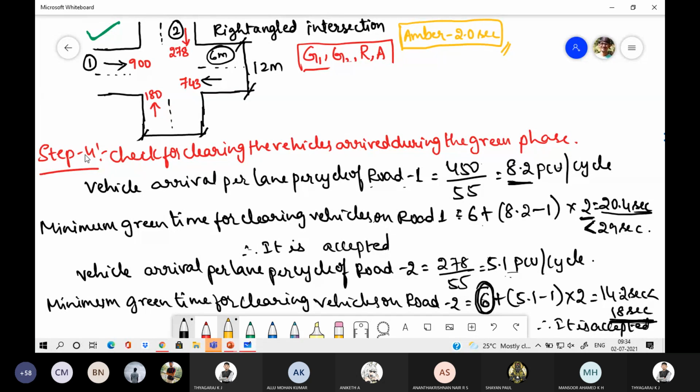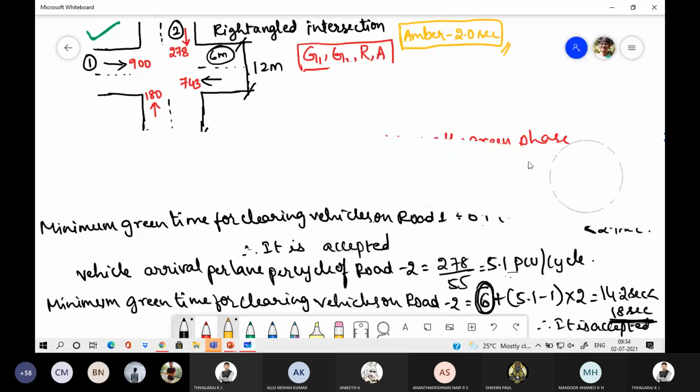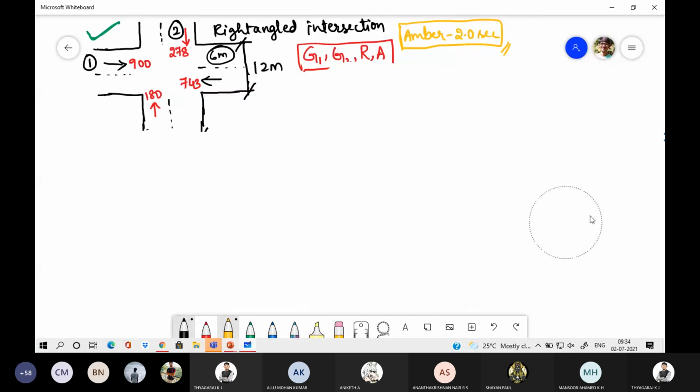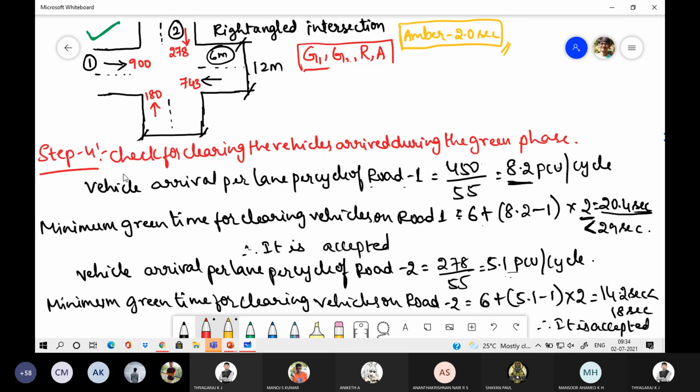Now we'll go for step 5. The problem looks lengthy, but it is easy when you understand carefully. Step 5. Sir, go slowly, sir. We didn't copy. Okay, okay, copy. I'll make it back.